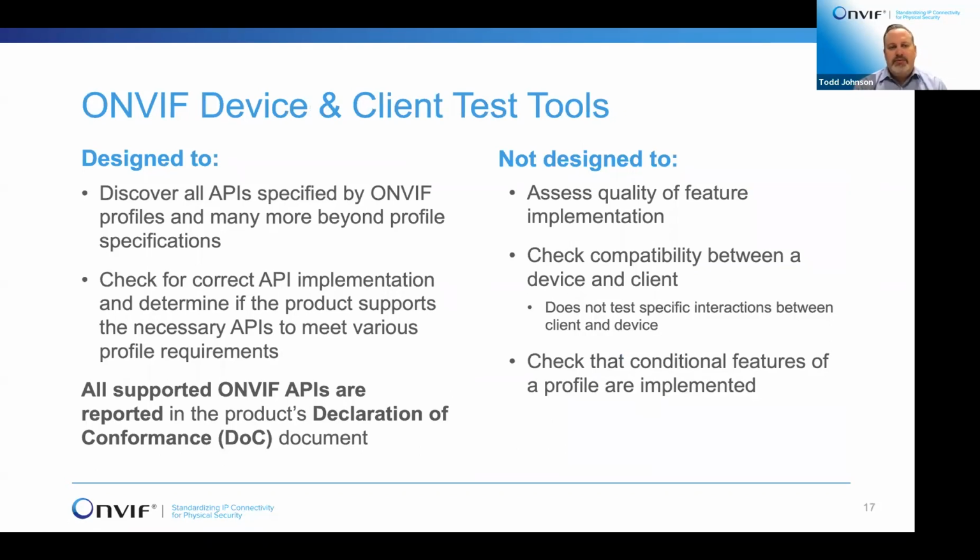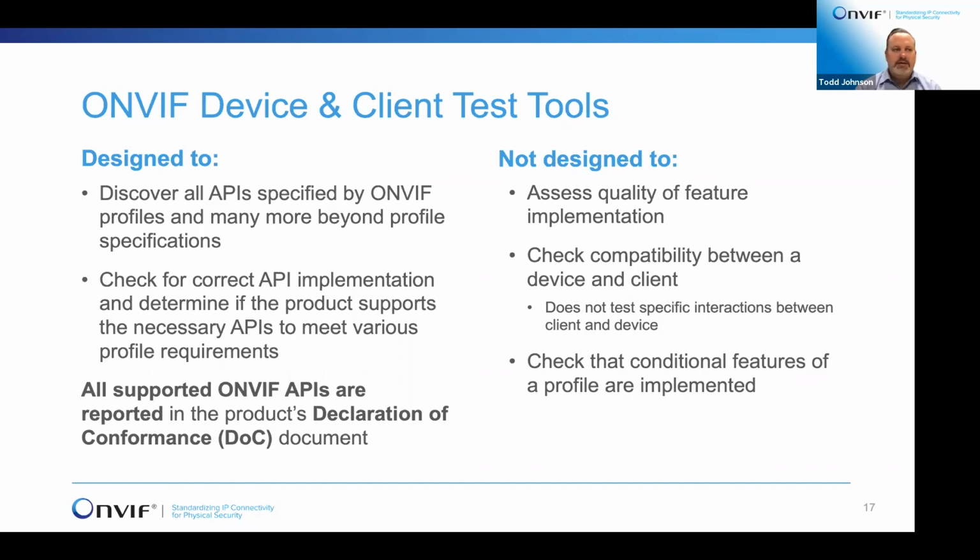So what are the ONVIF device and client test tools designed to do? What they really do is discover all the APIs specified by ONVIF profiles and some other API calls beyond those. They check for the correct API implementation and determine if the product supports the necessary APIs to meet various profile requirements. What they're not designed to do is assess the quality of feature implementation.